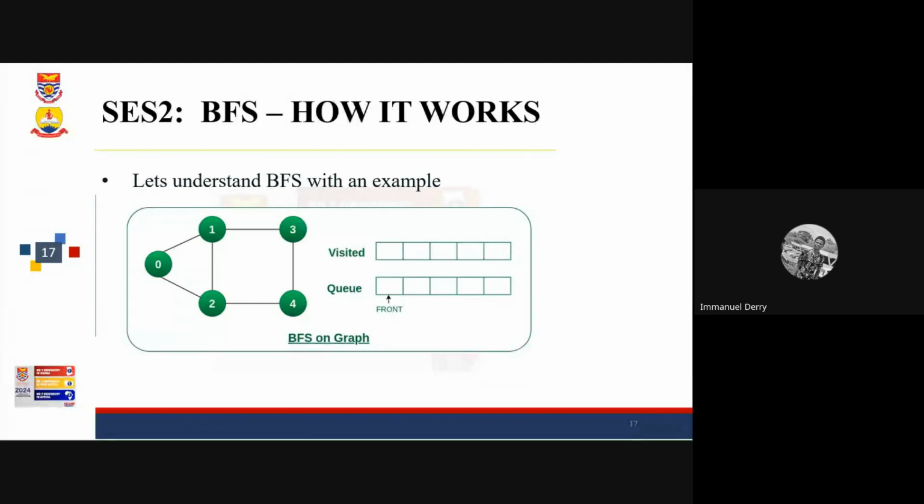So let me try to see if I can annotate on the graph. Okay. So let's take this one, for instance. We are starting from 0, that is our starting point, right? And then we have the queue here, which is the visited and unvisited.